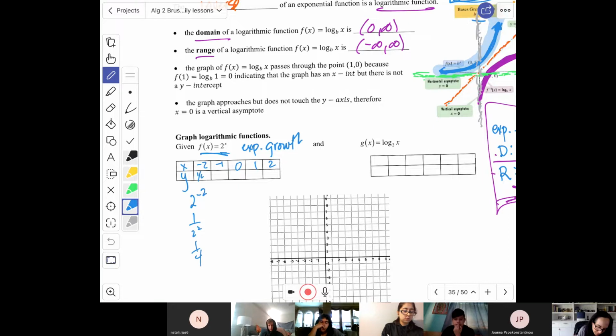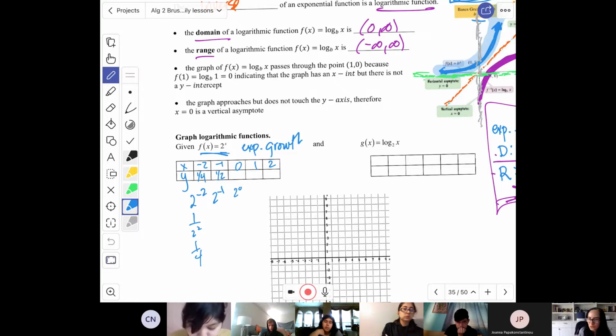What about 2 to the -1 power? What is that? Two to the -1 is 1/2. Mm-hmm. What about 2 to the 0 power?